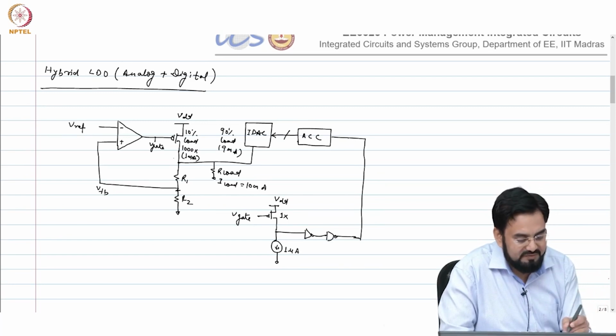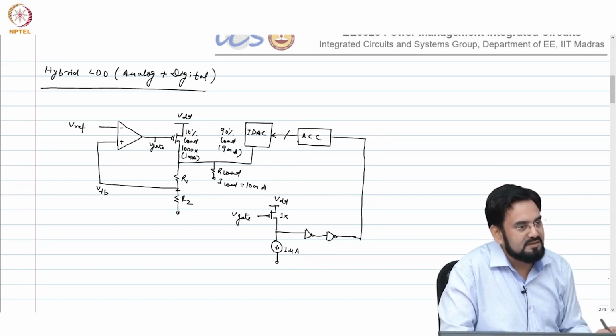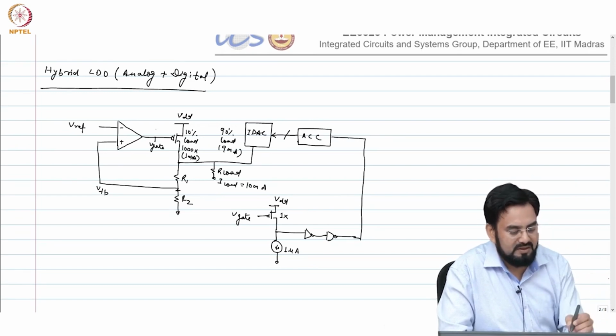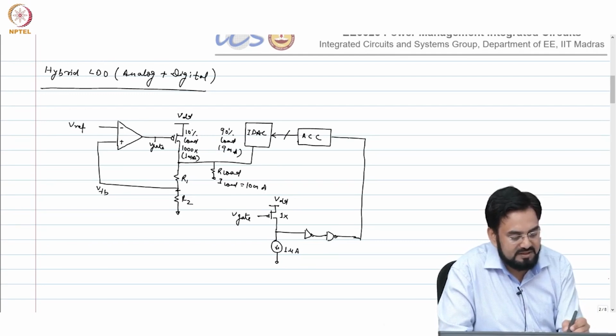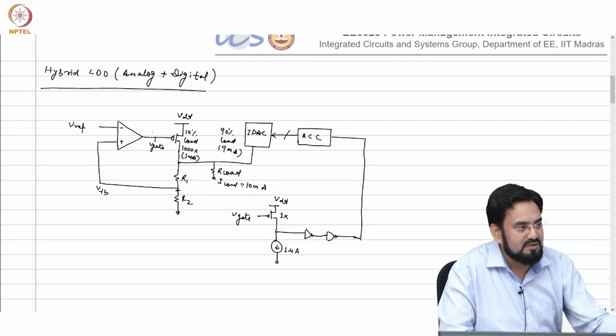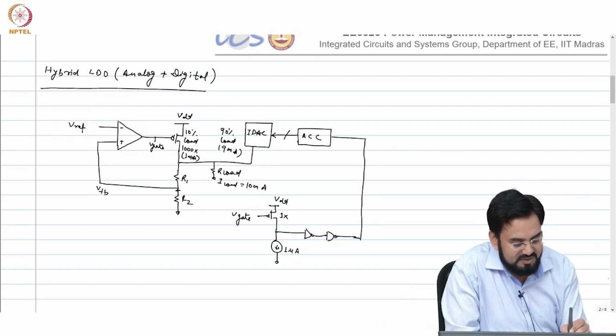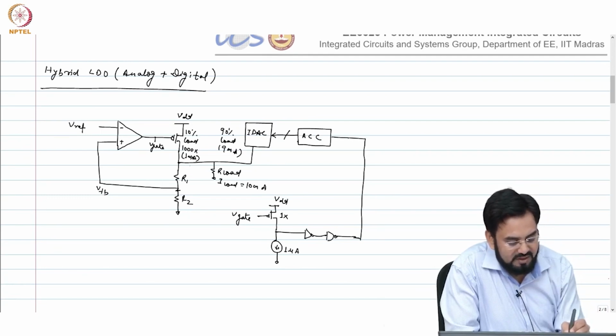It will go in linear if your output is maintained and you keep increasing the current. So there will be a point where it is possible that your VGS will go very high compared to your VDS, so it will enter the triode region. But consider the short circuit case where you have connected this output to the ground.